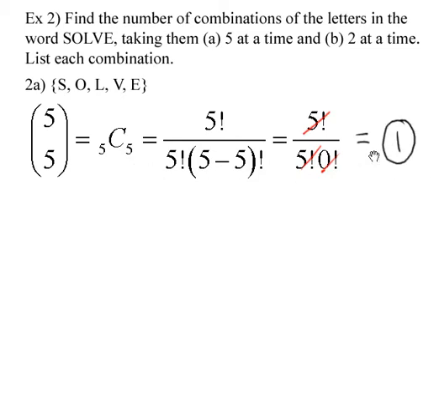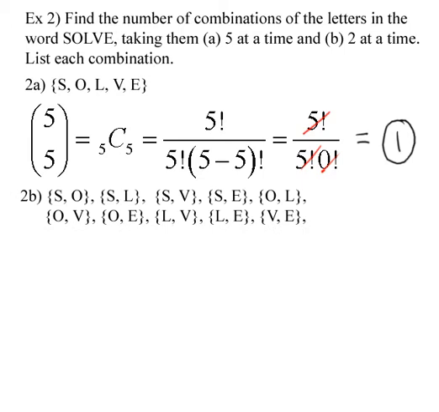So all of that divides out to 1. Now, if we do common sense, how many ways are there to choose or select 5 items from a list of 5? Well, there's only one way. You choose or select all 5 of the items. So in this particular case, common sense can help verify that we have our correct answer.